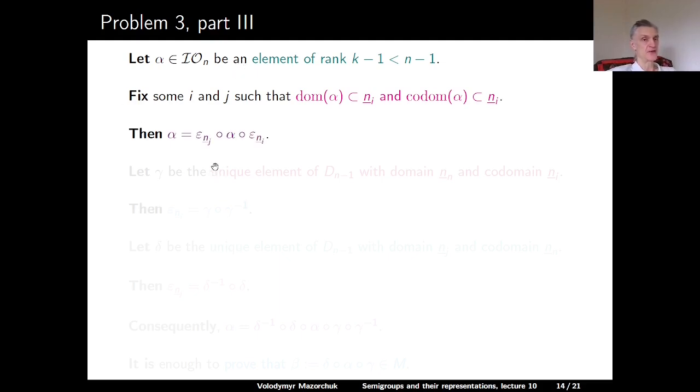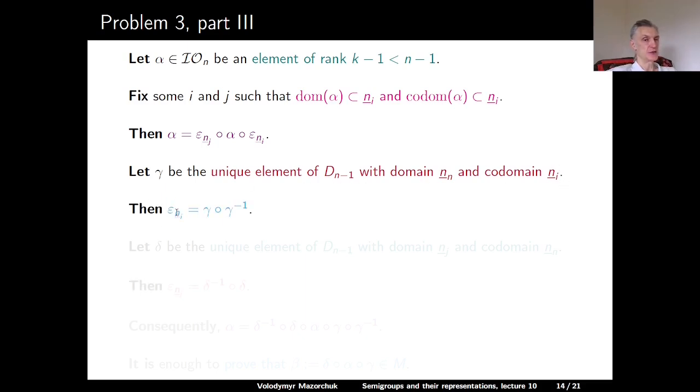But then alpha is equal to the idempotent epsilon with the index n-underlined sub j after alpha after the idempotent epsilon with the index n-underlined sub i. Recall that epsilon sub x is the identity on x. Let gamma be the unique element of D_{n-1} with domain n-underlined sub n and codomain n-underlined sub i.